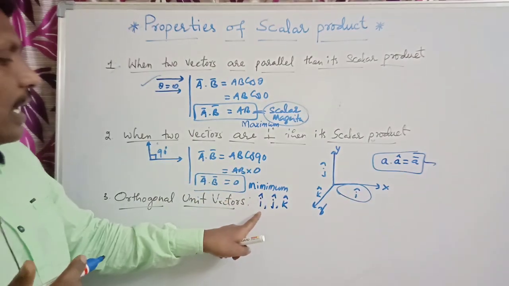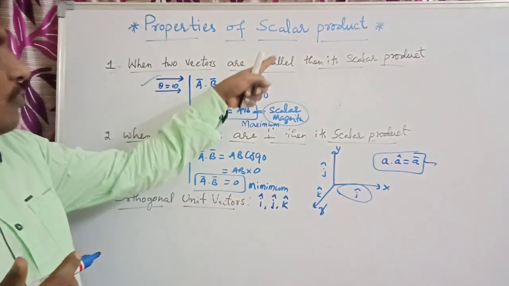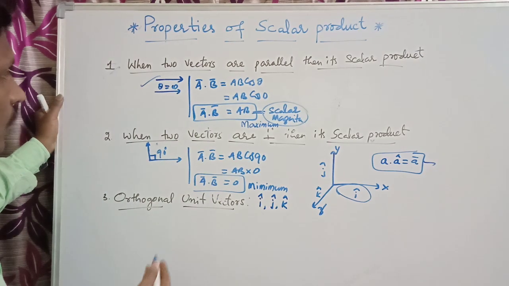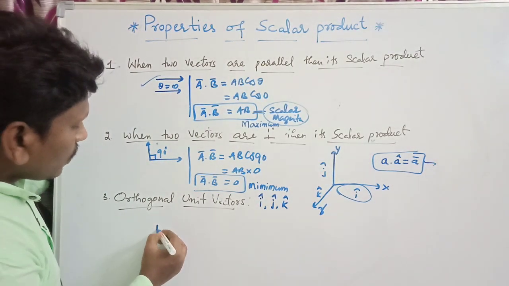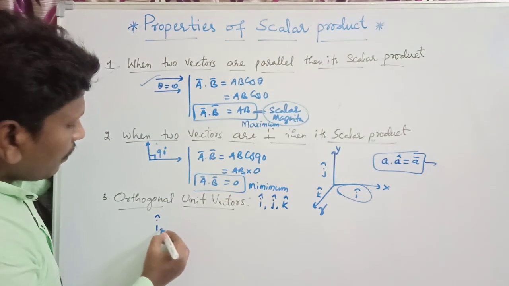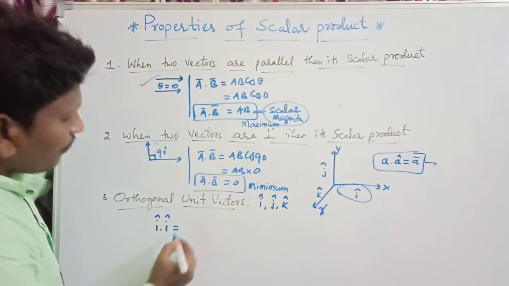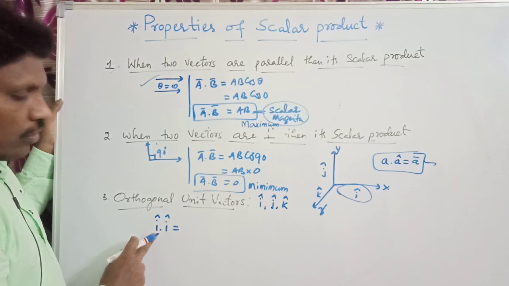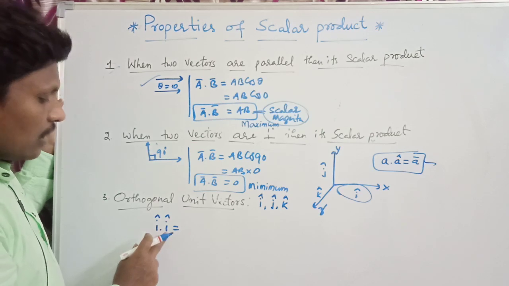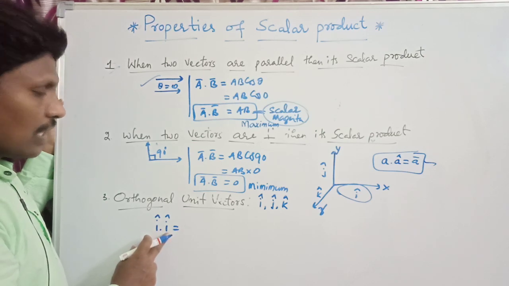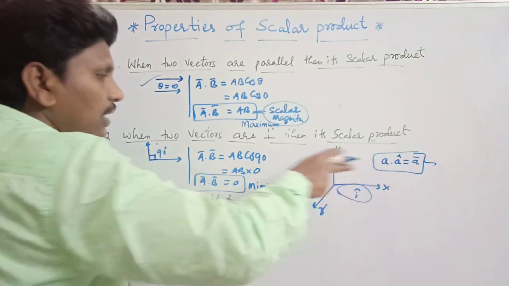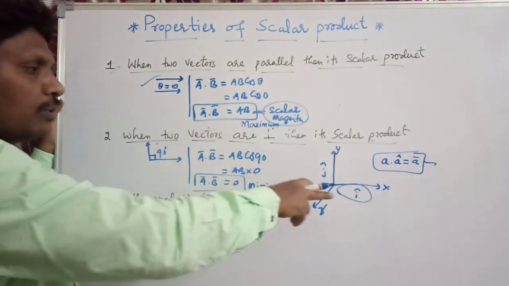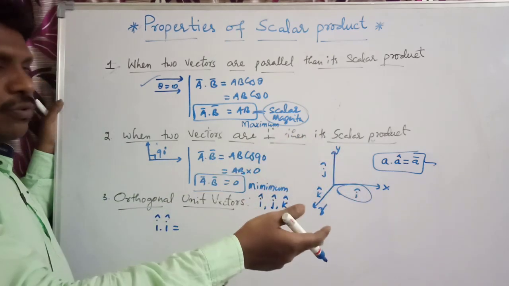Okay, if we apply the orthogonal unit vectors to the scalar product, what we will get, that we are going to see. So I am taking i cap dot i cap. i cap is the unit vector along the x axis, and the other is also i cap along the x axis. Two i caps along the x axis. The angle between the two i caps is 0.